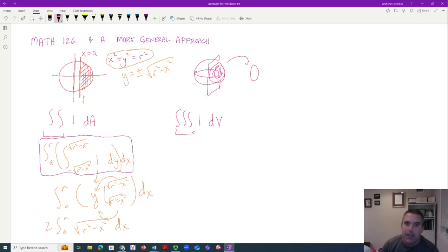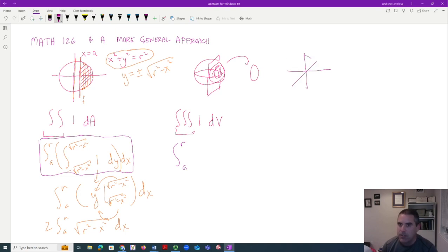Okay, so how do we naturally extend it? Well, when you get to 3D, you ask yourself the same questions. You say, what's the biggest and smallest x can be? Well, the smallest x can be is a, and you just do it the same way, except you have 3 axes to walk along now.